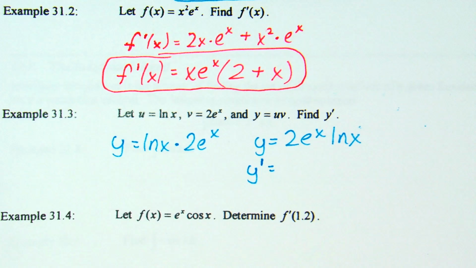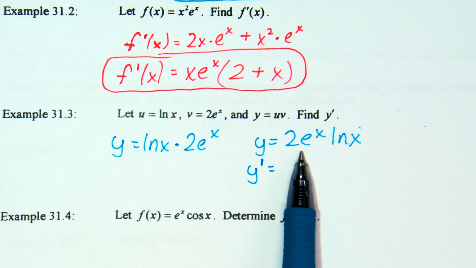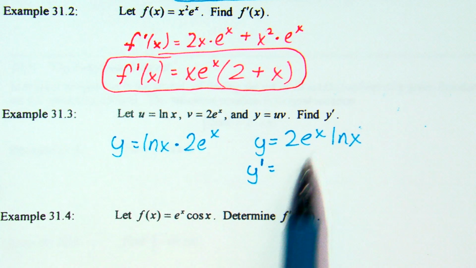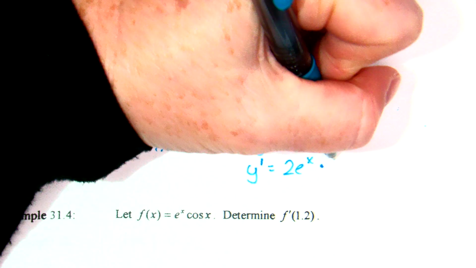If I go with this version over here, 2e to the x ln x, and we could go with either one. Okay, what's the derivative of 2e to the x? 2e to the x, right? Times, what do I do with ln x? I keep it as is.